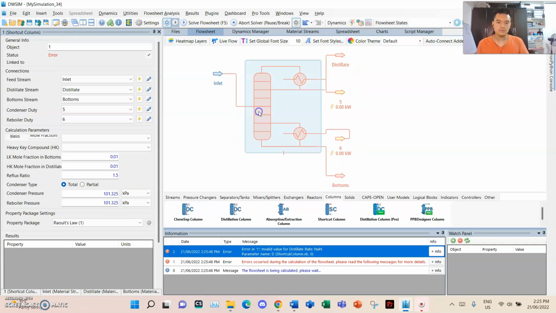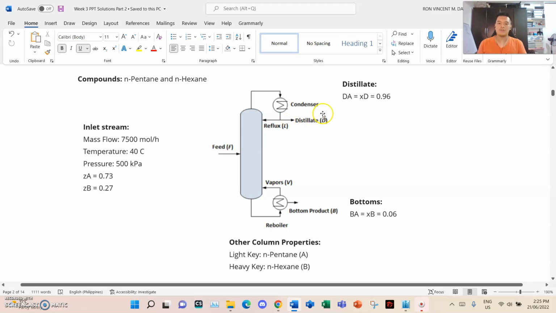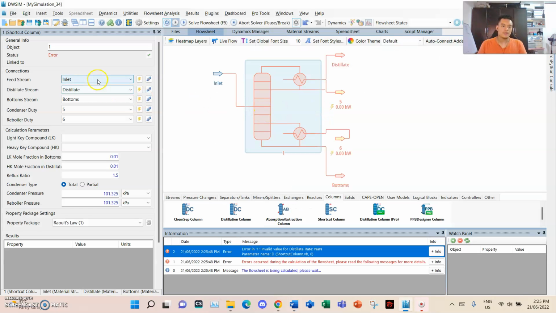Next, we'll now go to the column itself. So the column, the inlet is connected, distillate and bottoms, the condenser duty, reboiler duty. So the light key is pentane, the heavy key is hexane.